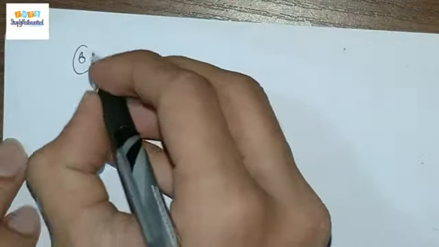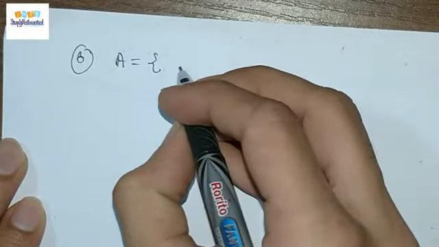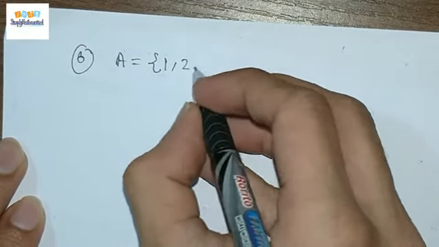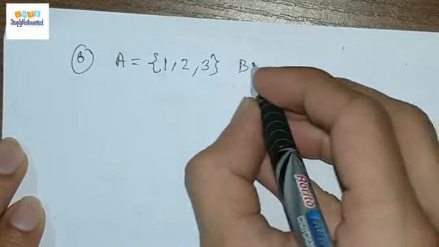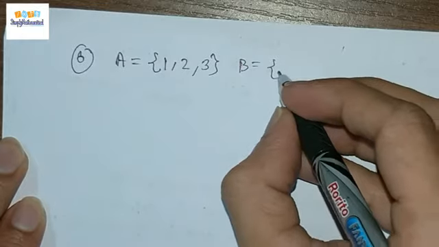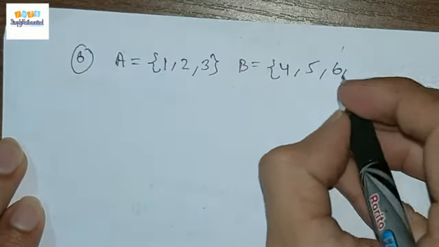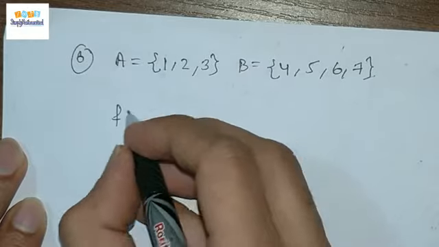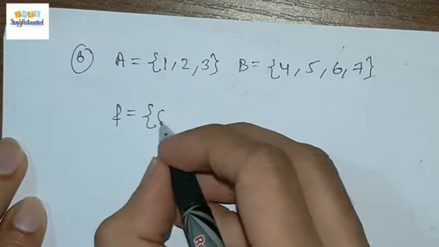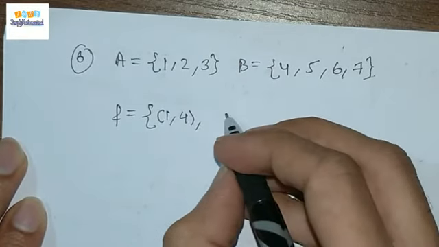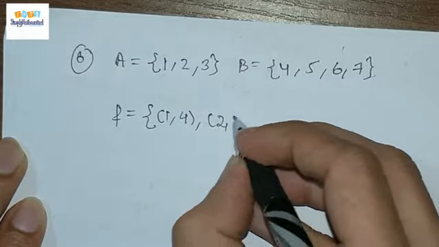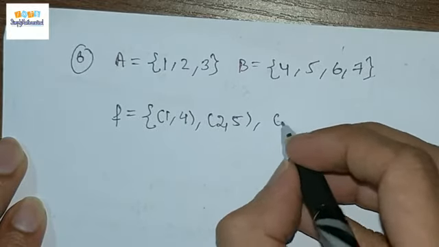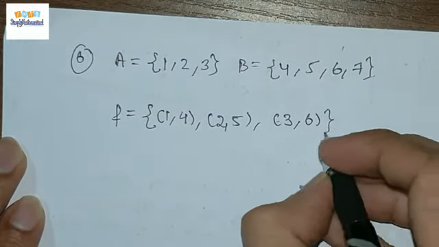So here you are given the set A as {1, 2, 3}, set B as {4, 5, 6, 7}, and the function f is given in the form of ordered pairs: (1, 4), (2, 5), (3, 6).